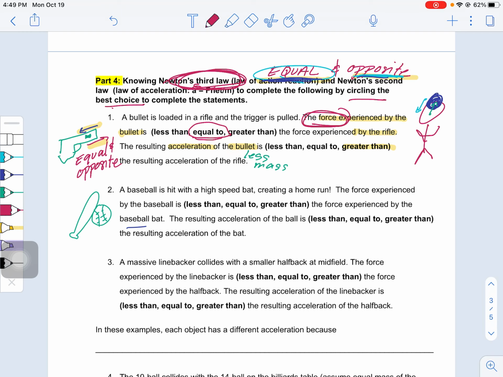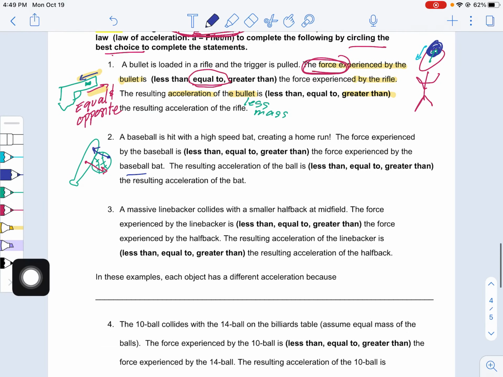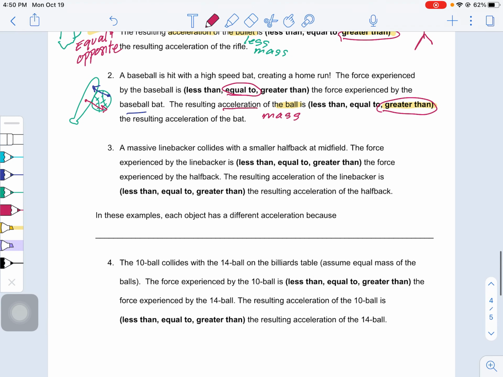Here we have the baseball. The bat is hitting the ball, and the ball is hitting the bat. When I think about their forces, every single time, equal to each other, but the acceleration will be different because of their masses. The ball, being less massive, will have a greater acceleration. Okay, here I have two football players, a massive linebacker and a smaller halfback.